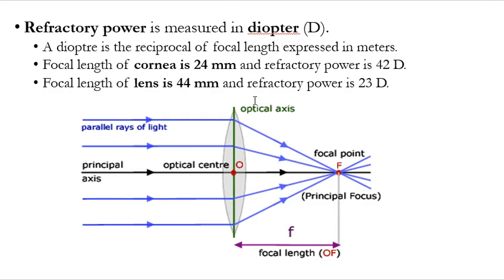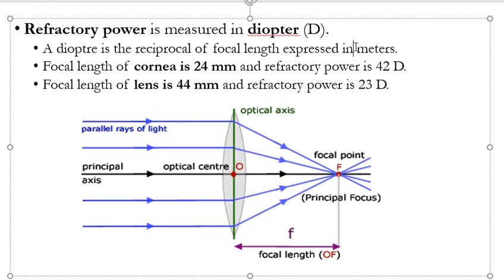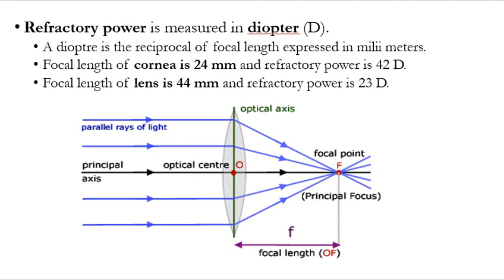So the focal length in millimeters. Okay, we shall just go with the milli there. All right, and then you get the refractory power. Please ensure that you go through Ganong to just make sure that the millimeters is as should be. Okay, this is just physics.